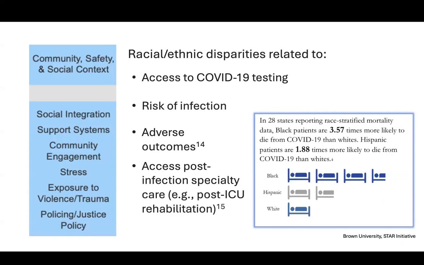So in the US, Blacks, Latinx, American Indian, Alaska Native, Asian, Native Hawaiian, and Pacific Islander, and other non-white racial groups had less access to COVID-19 testing, greater risk of infection, and more adverse outcomes. Additionally, there was inequity in post-infection specialty care.